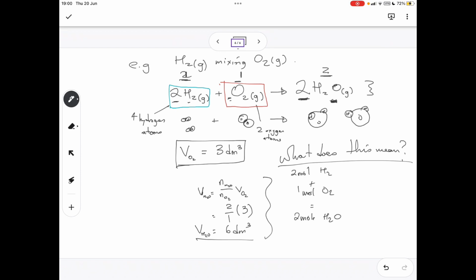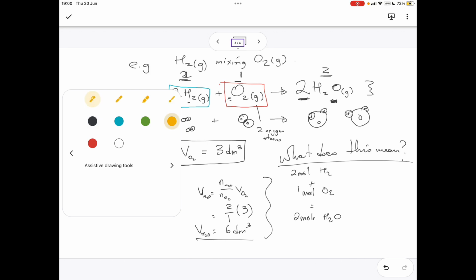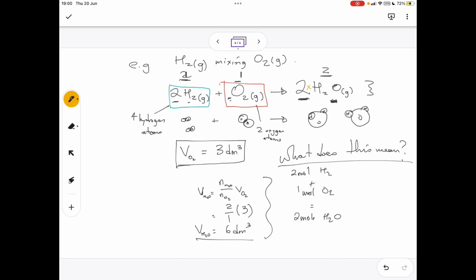So if we have 4 hydrogens on this side and 2 oxygens on the left hand side, then we must have the same number of atoms on the right hand side. And if you look at this, 2 water molecules tells us that it's 2 times 2, and that gives us 4.